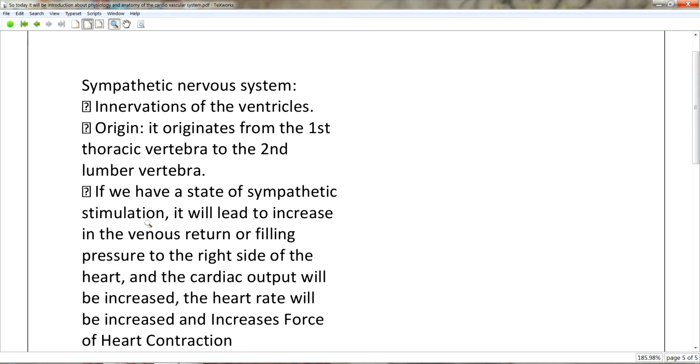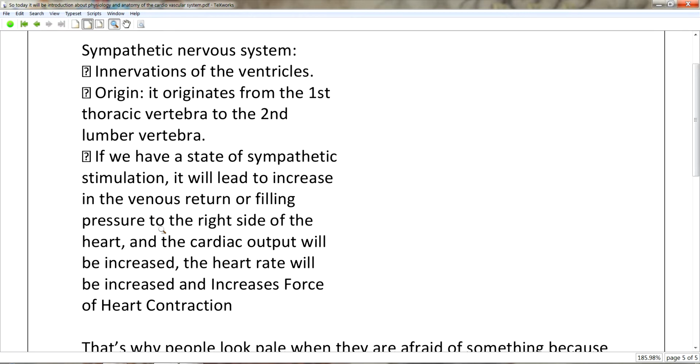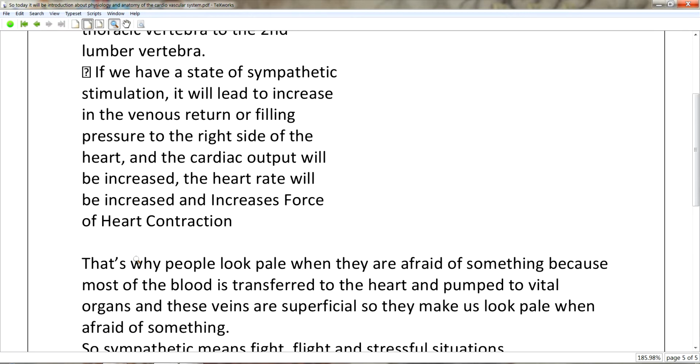The heart rate and the force of contraction will also increase.